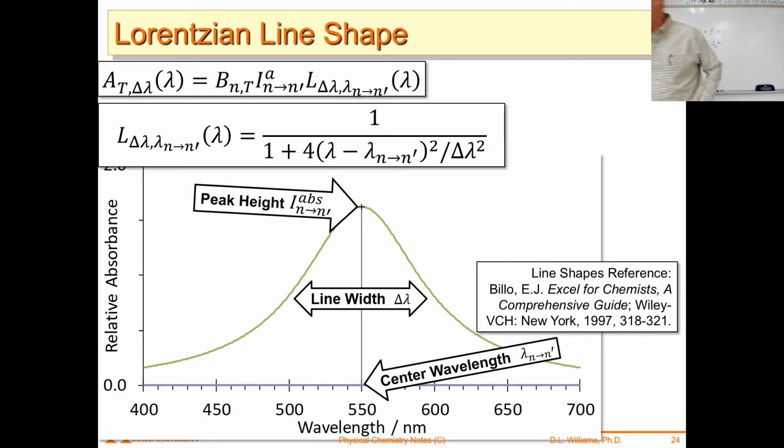This is an important spectroscopic term. FWHM. That's how you decide where to judge the width of a peak. Can you figure out what it means? Full width, HM. What do you think HM stands for? Something with height, or this is half.